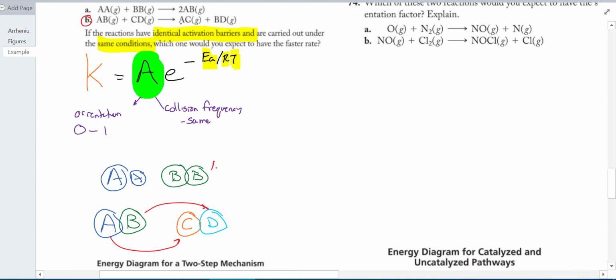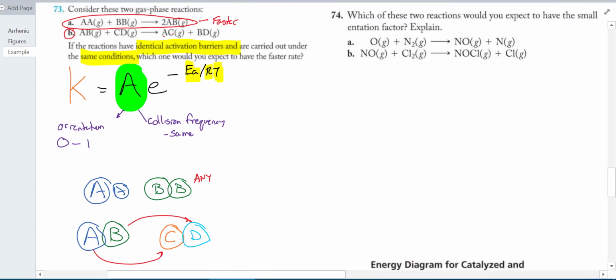So this would be any, and this has a little bit of strictness to it. So I would say that one would have the faster rate, right? Because it is a little bit less strict. Now let's be honest, equation B would be pretty fast, but A would be faster due to the orientation factor being closer to 1.